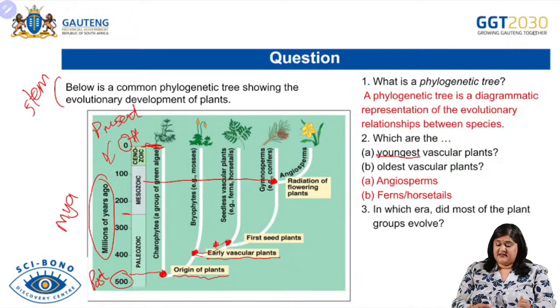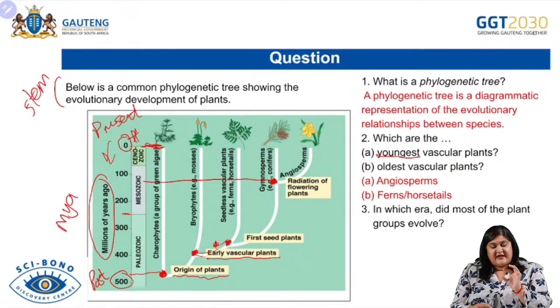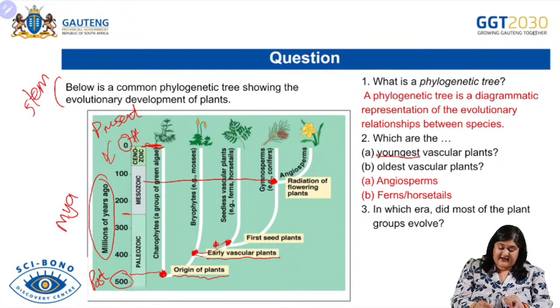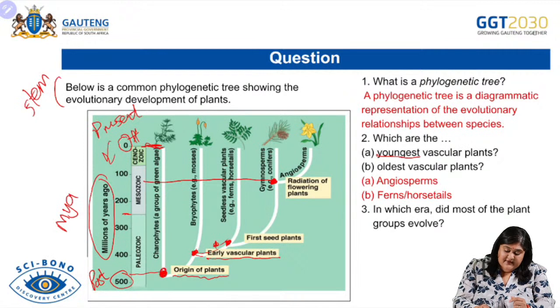In which era did most of the plant groups evolve? So, where is that point of evolution? That point of changing is at each common ancestor where it branches. That branch is where the evolving is occurring. Okay, so here we have a common ancestor.